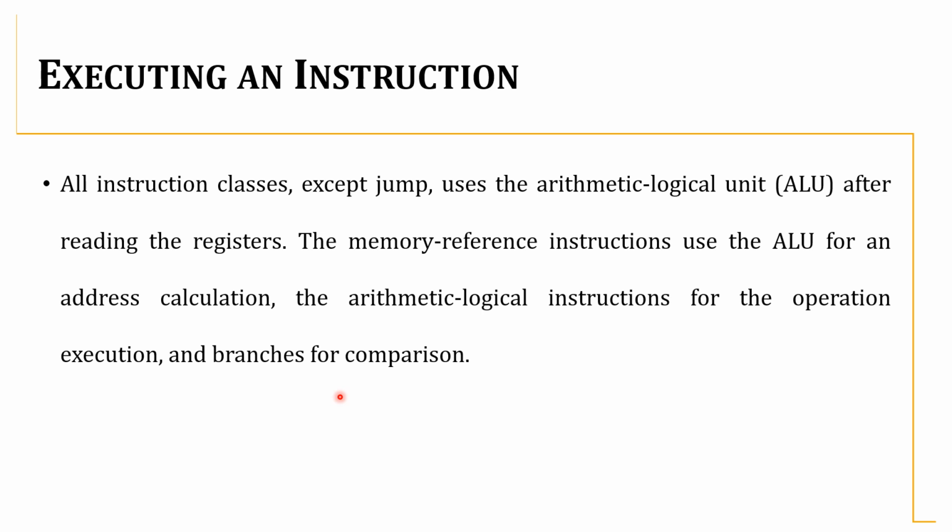Branch on equal or branch not equal, so we need to perform a comparison in the case of a branch operation. So this ALU unit can be used for performing the comparison. Okay, so that is the third step. It depends upon the instruction class or the addressing mode of the instruction.